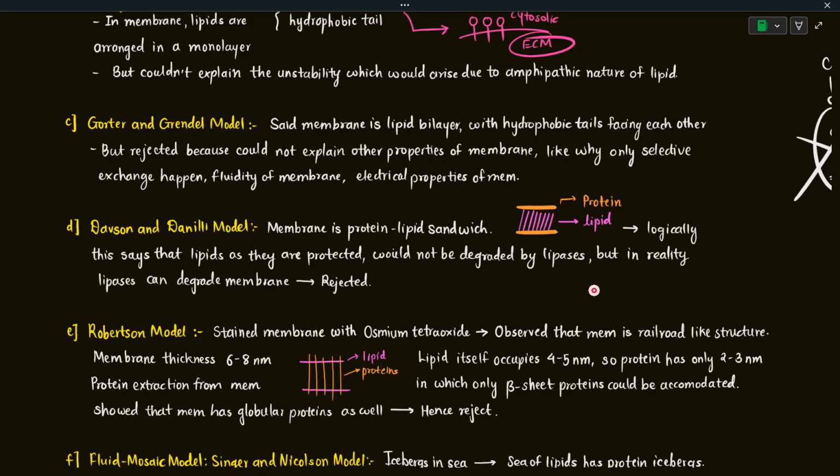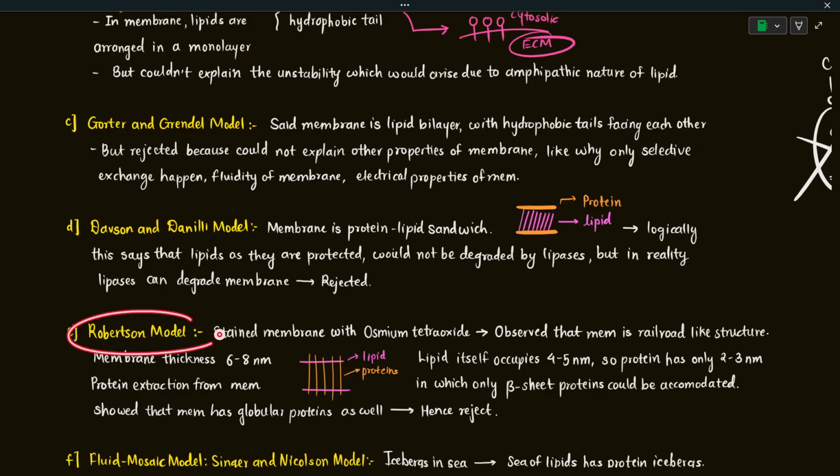But they degrade the plasma membrane and disrupt the cell contents. This was already proved experimentally, and that's why this model was rejected, because by logic this model says that lipases shouldn't degrade the plasma membrane, but in reality lipases do degrade the membrane, and that is why the Davson-Danielli model was rejected, even if it explained the stability of the membrane.